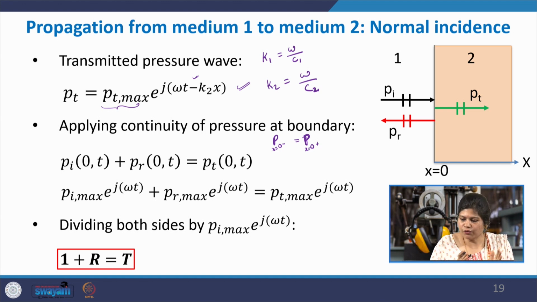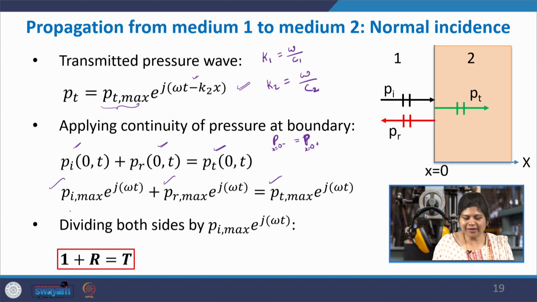We have already solved for the left side, and we equate it to the pressure on the positive side, which is PT. So PT at 0, t should be the same as Pi 0, t plus Pr 0, t. Let us put x equals 0 in the respective equations, and this is the equation we get.